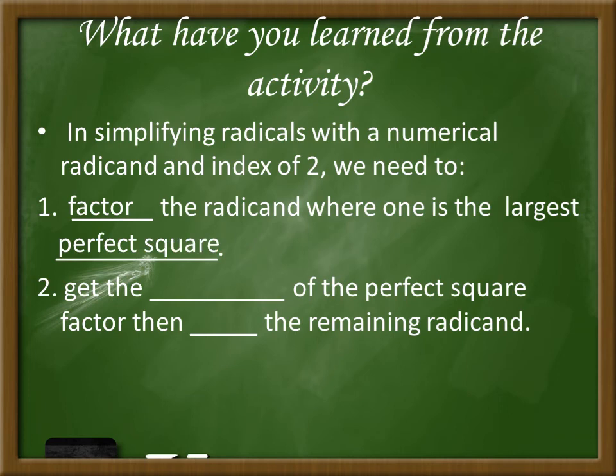And then, second, get the square root of the perfect square factor, then copy the remaining radicand. The other factor will stay inside the radical's sign.